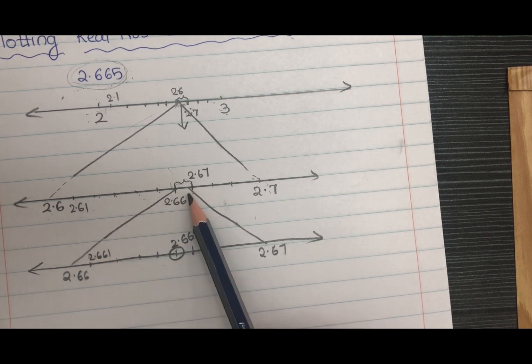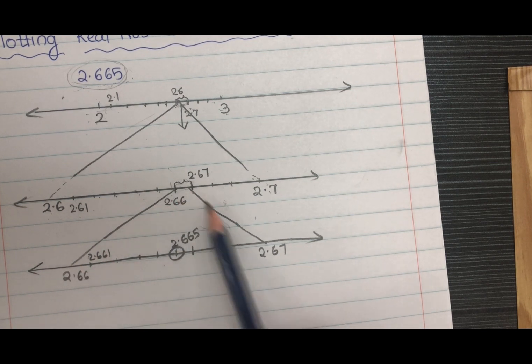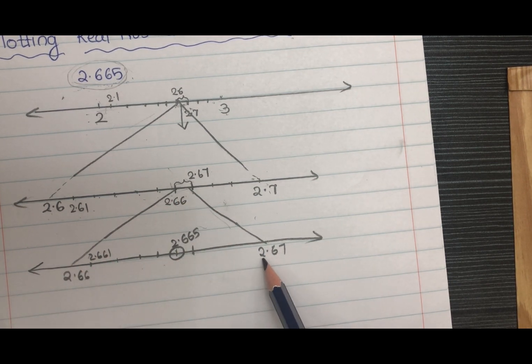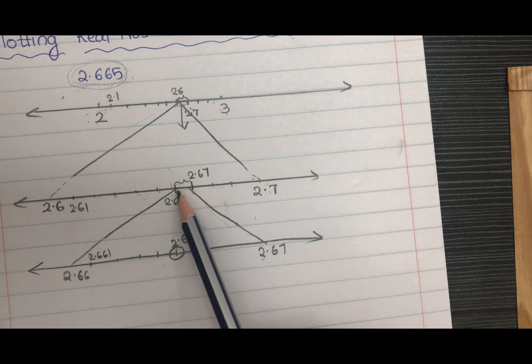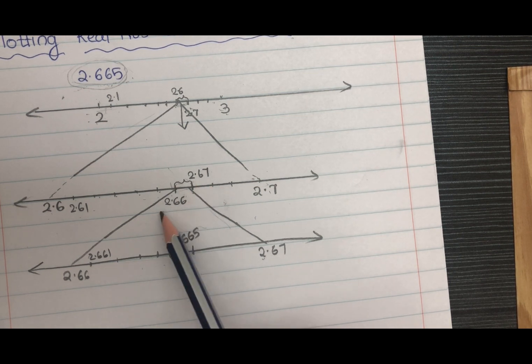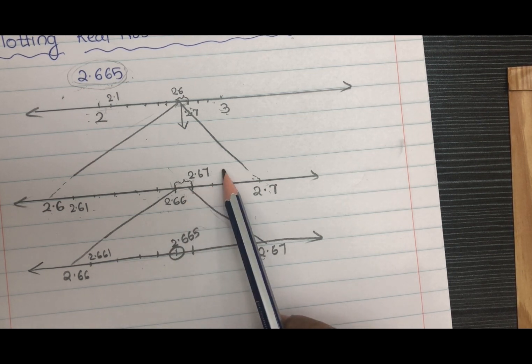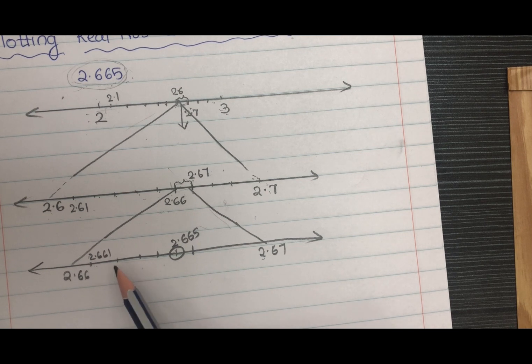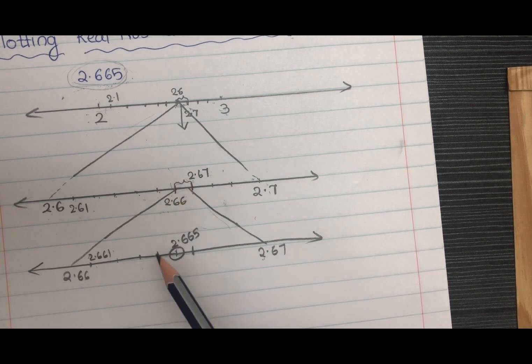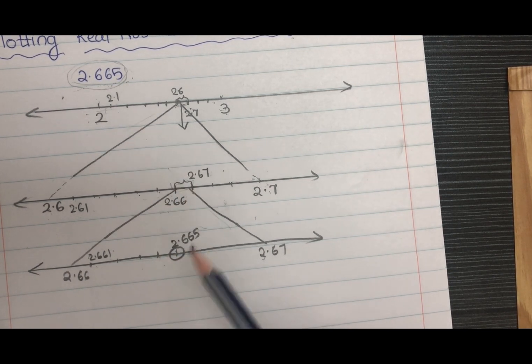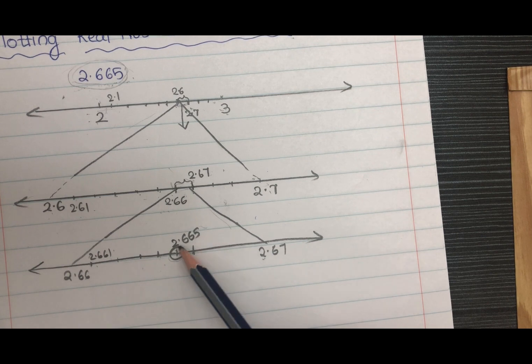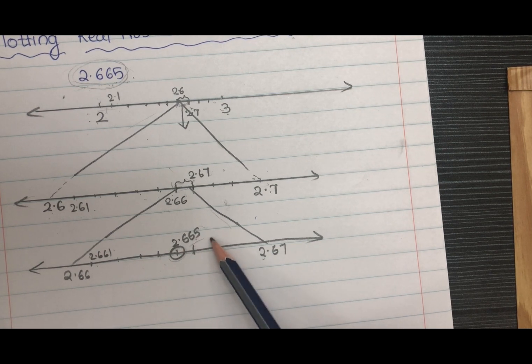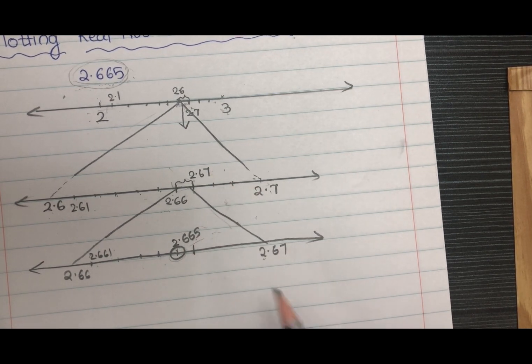And again we magnified this interval and plotted it onto this number line. And what comes between 2.66 and 2.67? It is 2.661, 2.662, 2.663, 2.664 and 2.665, which is the required number. So we will plot the real numbers like this.